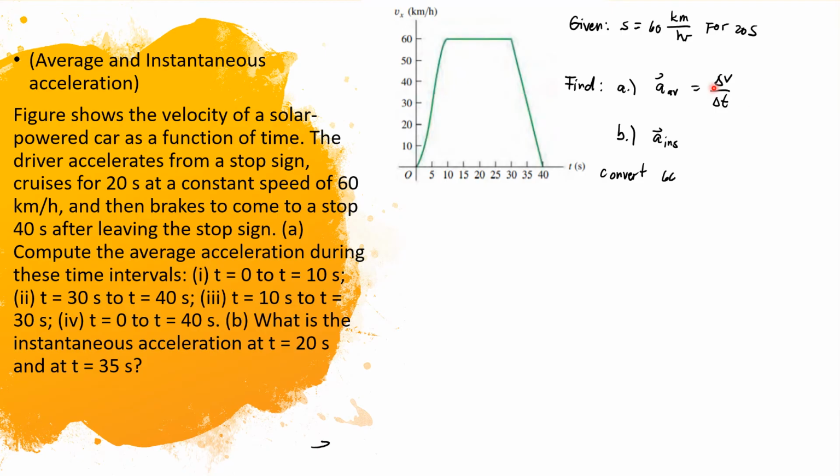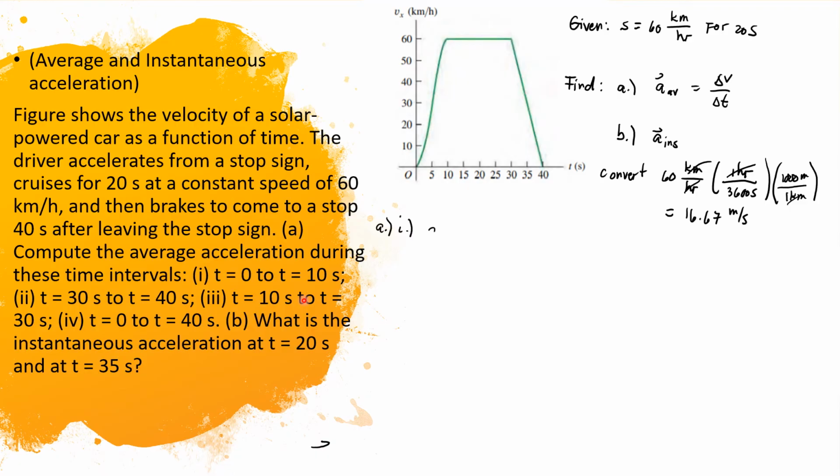And since our given is not yet in SI units, we need to convert 60 kilometers per hour. So in 1 hour, we have 3,600 seconds. In 1 kilometer, we have 1,000 meters. Cancel kilometers, cancel hour, and the 60 kilometers per hour is equal to 16.67 meters per second.